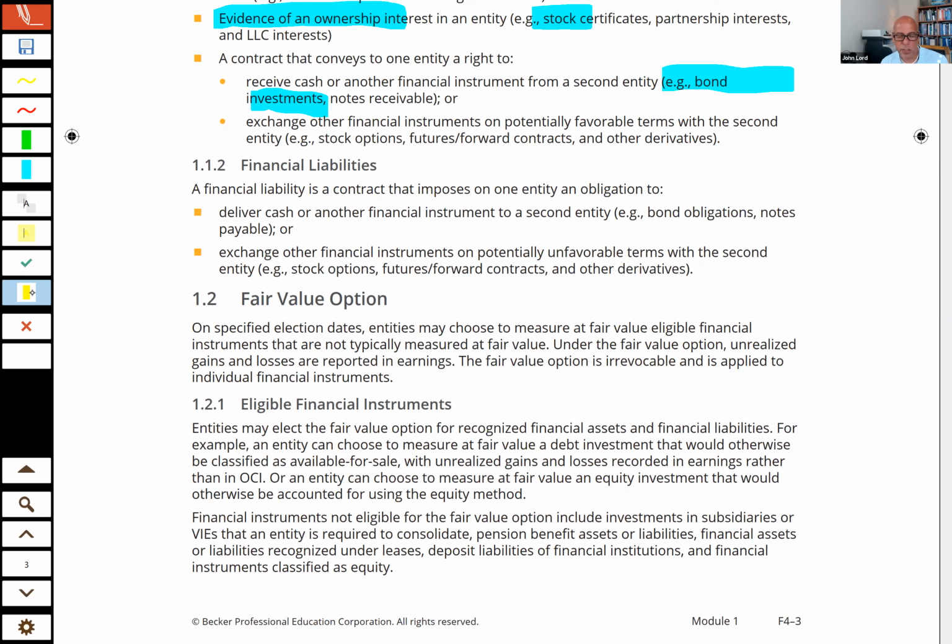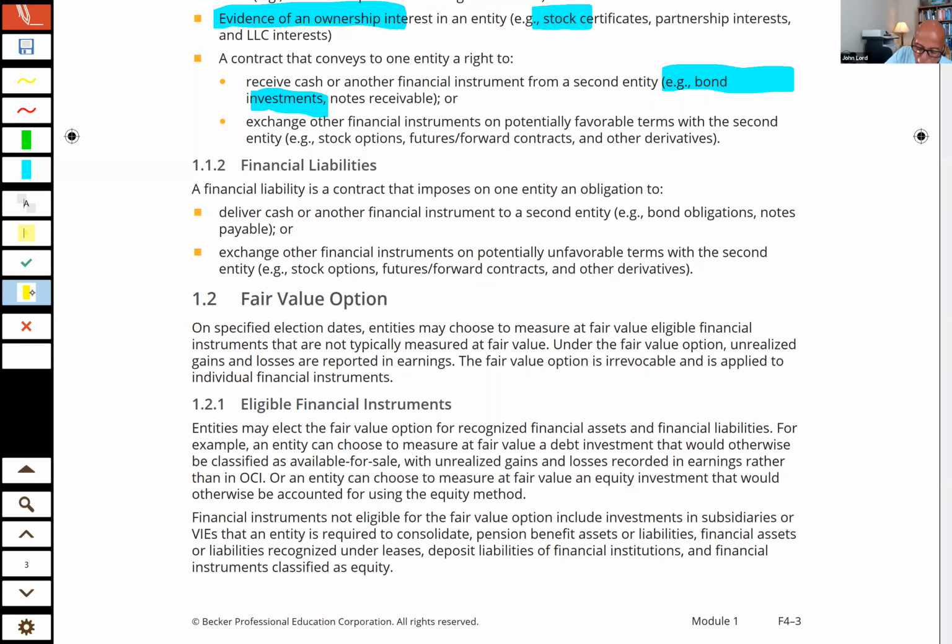For debt securities, unrealized holding gains and losses go through the income statement, unless we hold enough of the stock to exert significant influence, then we could use the equity method. But what this is telling you right here is you are allowed to treat everything like a trading security, or treat everything like a stock that you don't own enough to exert significant influence, and they call that the fair value option.